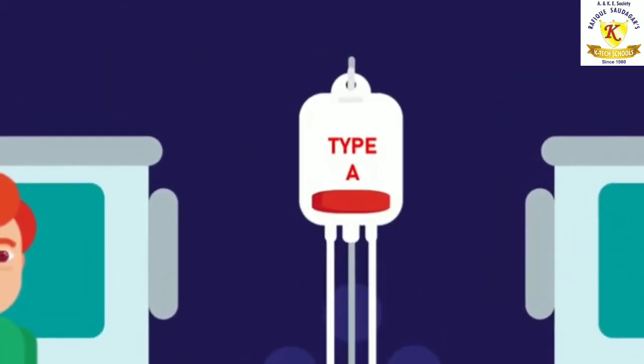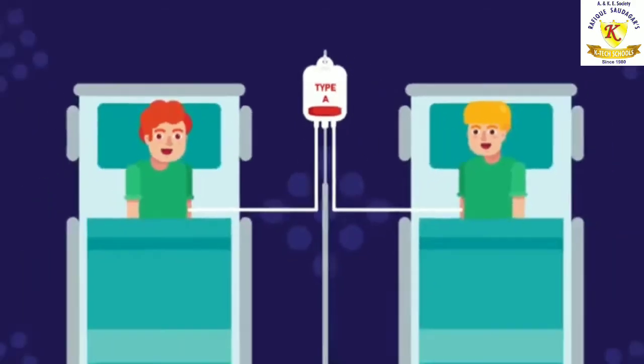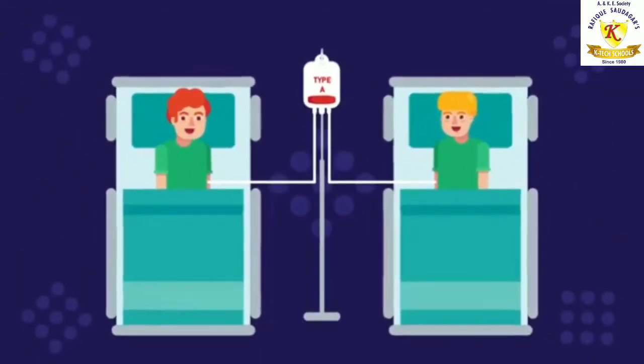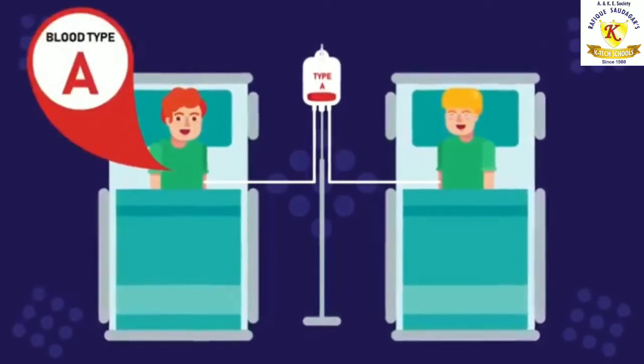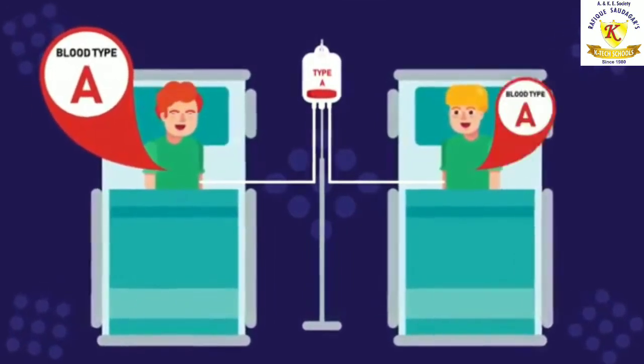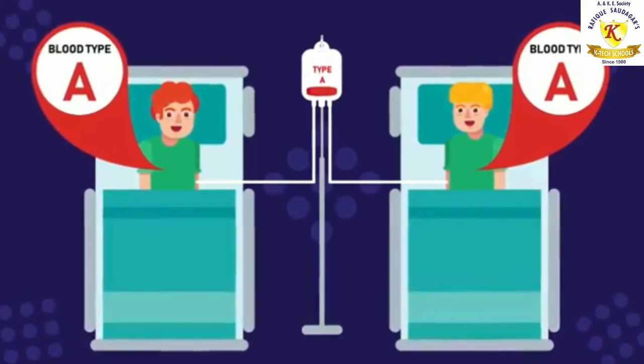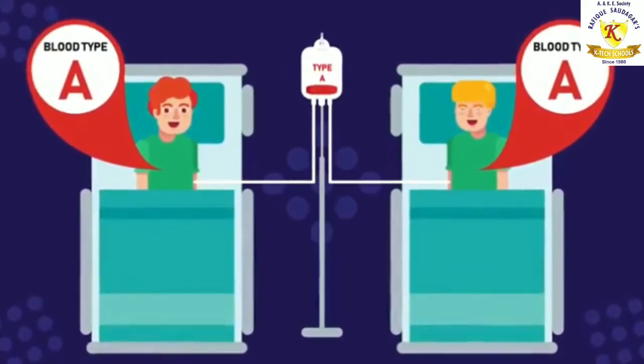Blood types are very important when a blood transfusion is necessary. In a blood transfusion, a patient must receive a blood type compatible with his or her own blood type.